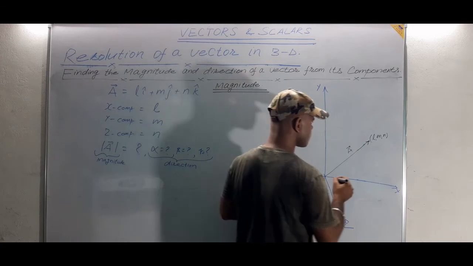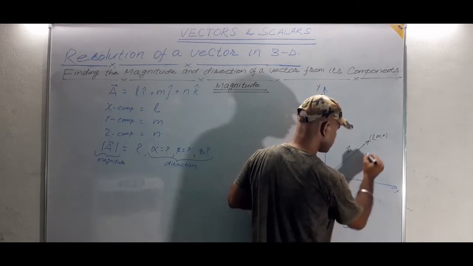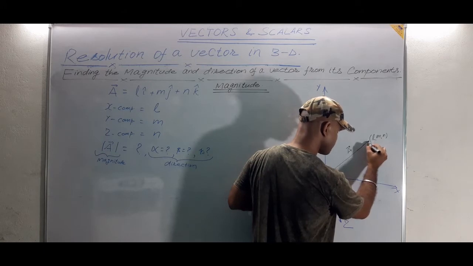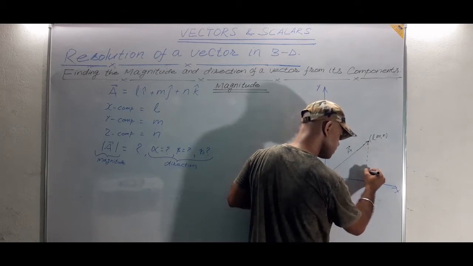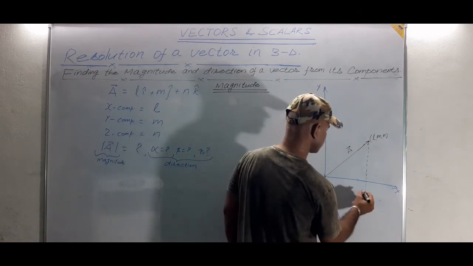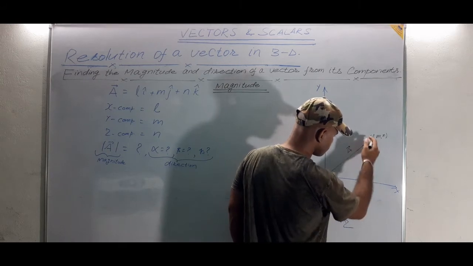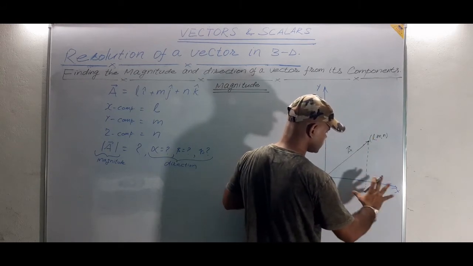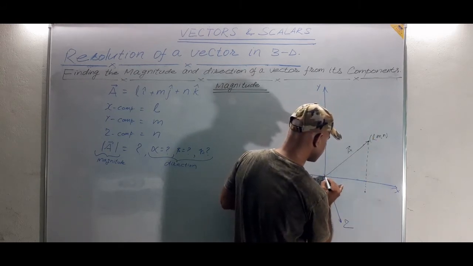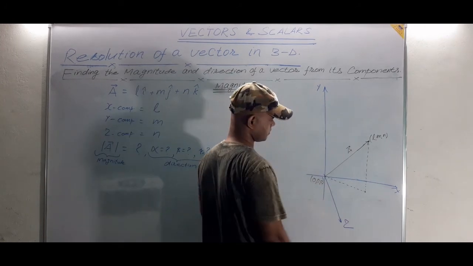Alright, so I am dropping a perpendicular on xz plane from the head of this arrow, and the point where this perpendicular intersects the xz plane, I am joining that point with the origin, right?